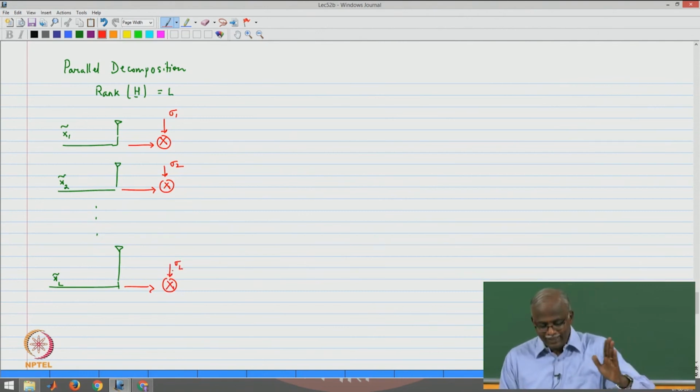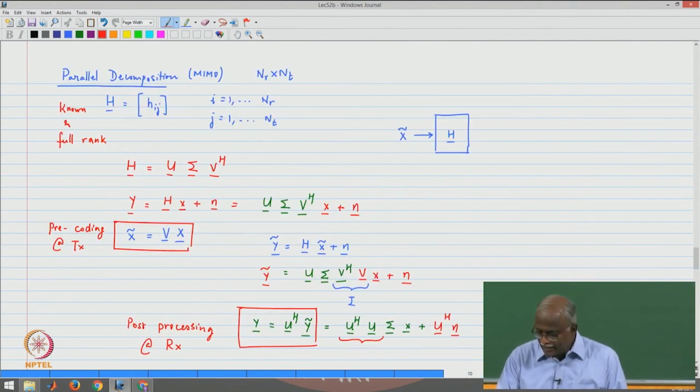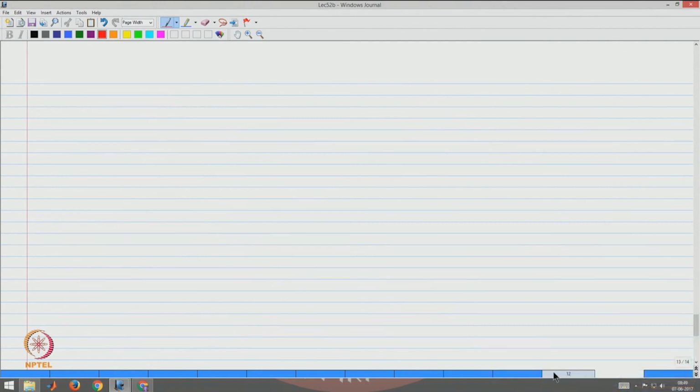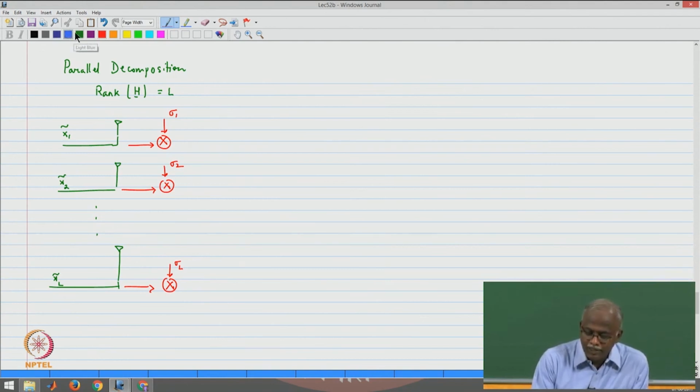So, each of these we are looking at as parallel transmissions. There are L parallel transmissions, and the parallel transmissions have a diagonal gain which is sigma 1 through sigma L, which is what we are trying to capture in our diagram here. Now, of course, in any transmission system there will be additive noise.